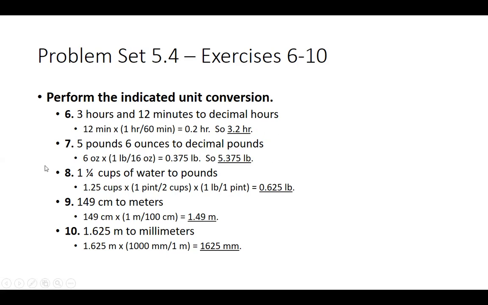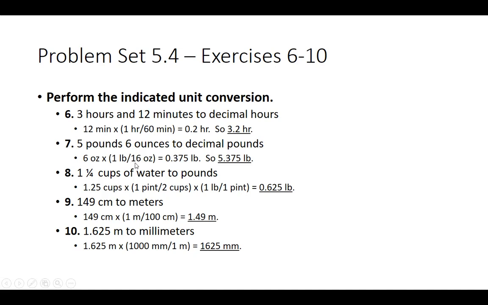Number 7, 5 pounds, 6 ounces to decimal pounds. Once again, the 5 pounds part of it is already in pounds, so we just need to convert the 6 ounces into pounds. That's going to require a conversion factor with ounces on the bottom to cancel away ounces, pounds on the top to get us into pounds.